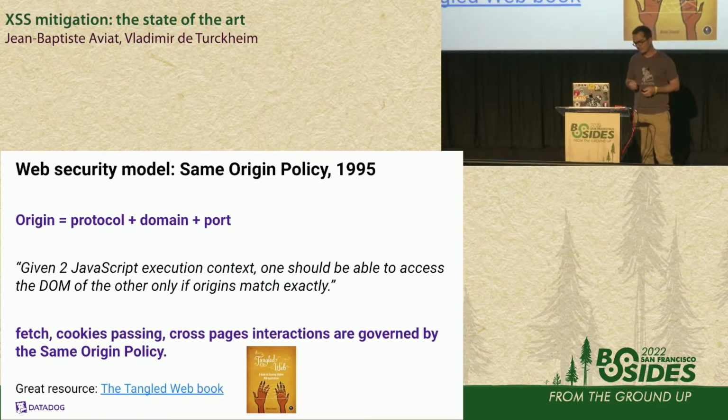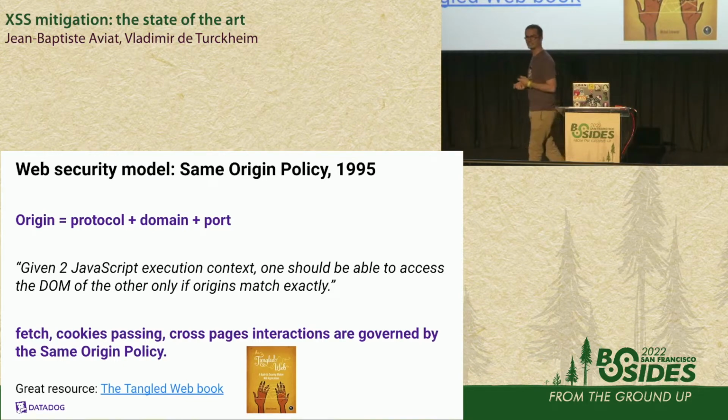The web security model is as old as cross-site scripting because it was introduced by Netscape in 1995 along with the first versions of JavaScript. Basically, it describes how browsers should behave when it comes to handling several origins.